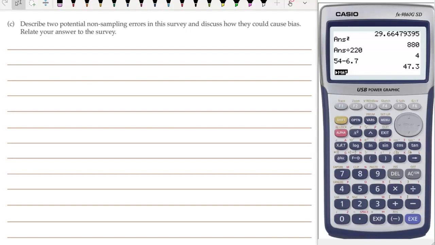There are other options too, and there'll be more in the back of the booklet, but the 2 that I'm going to put down, we're going to start with the fact that they were doing this at a time of day that excludes some people from being able to be part of the sample.